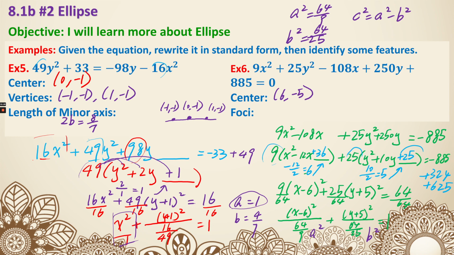If I want to change that into a fraction, that is going to be 1024 over 225, which means my c would have to be 32 over 15. The foci, well, we can identify that the a is actually on the x-axis. Our foci would be 32 over 15 away from the center, x-axis. So it's going to be 6 plus or minus 32 over 15, comma, negative 5. And of course, you can choose to calculate them out separately. And that is example 6.